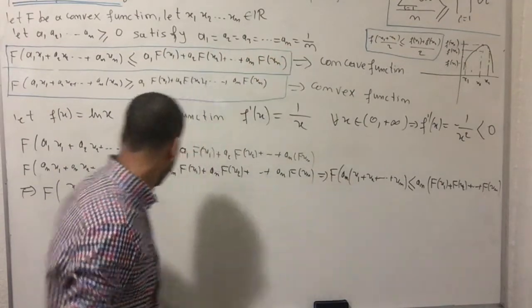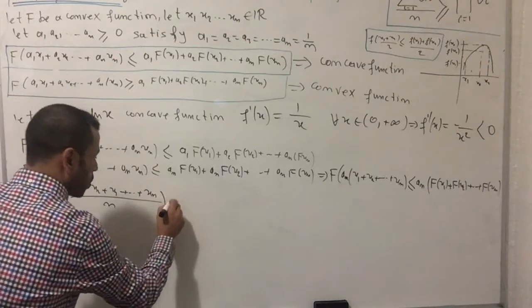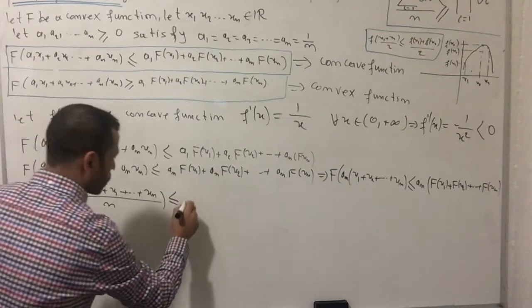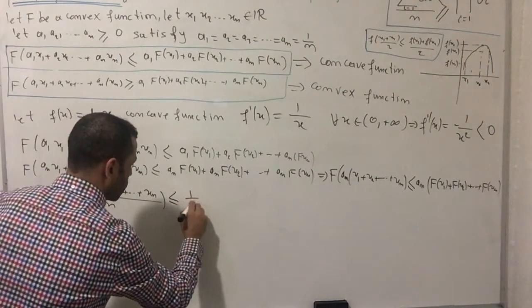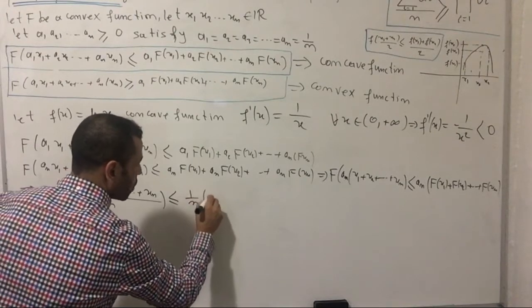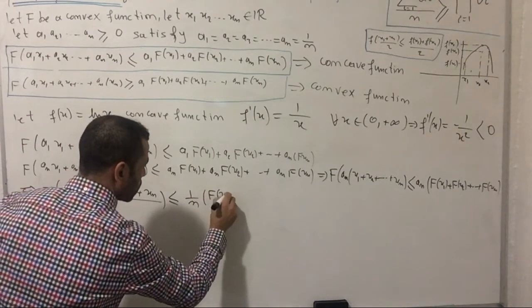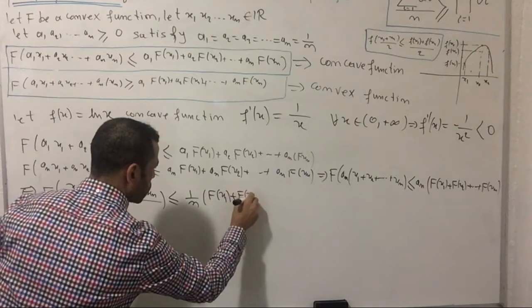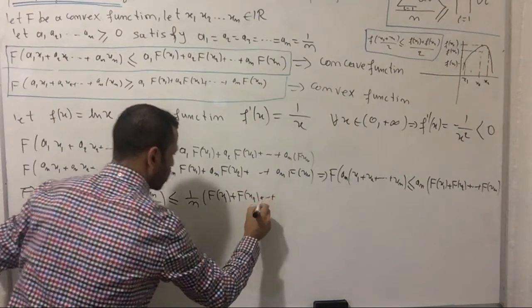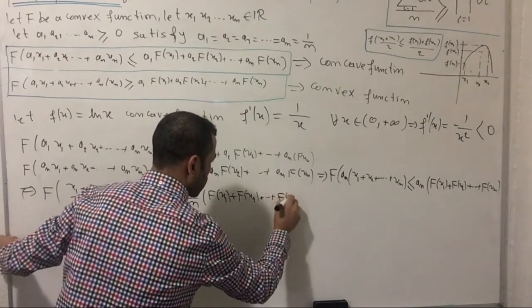So this is inferior or equal to 1 over n, f of x1 plus f of x2 and so on until we get the last term f of xn.